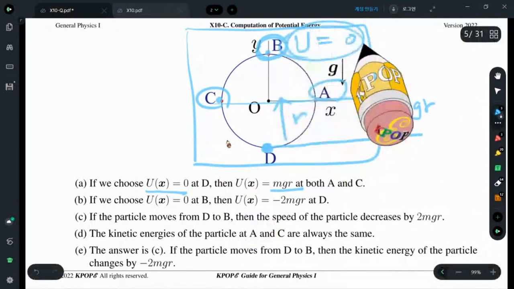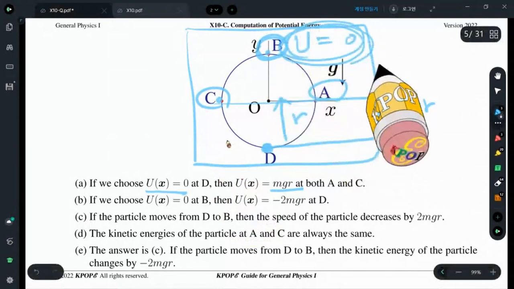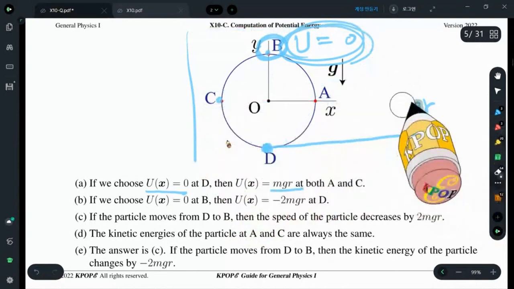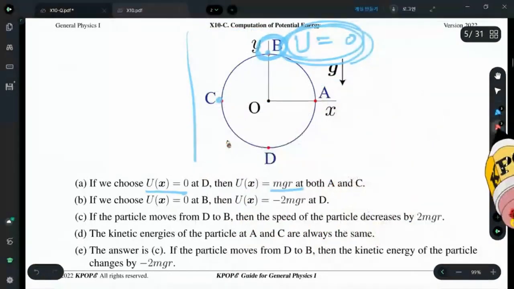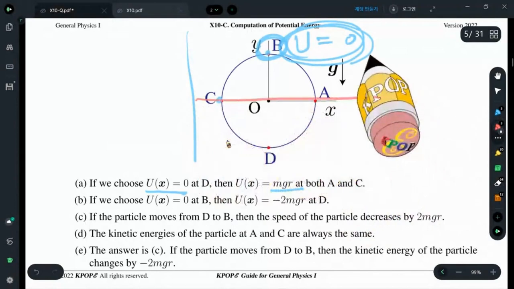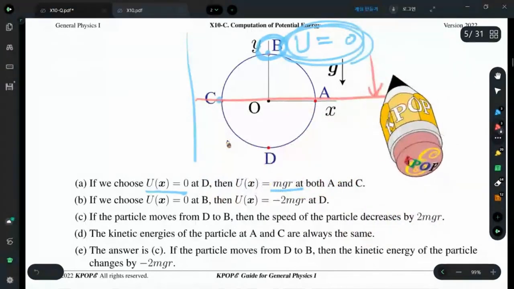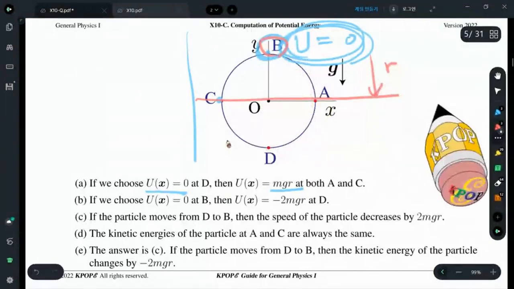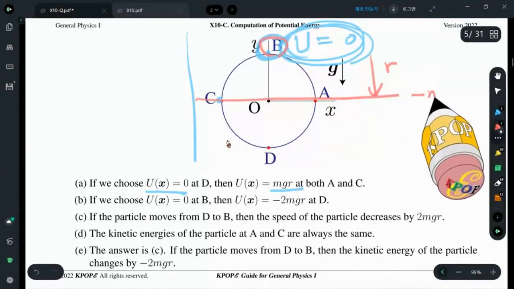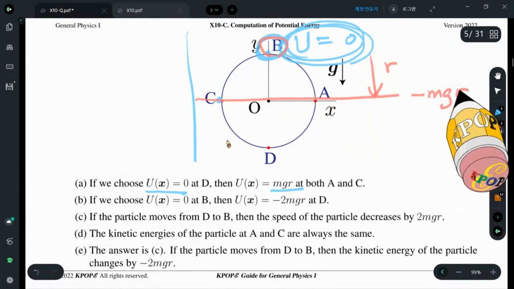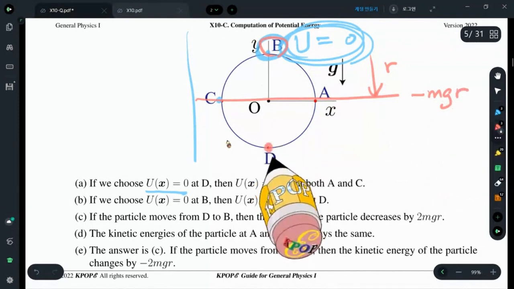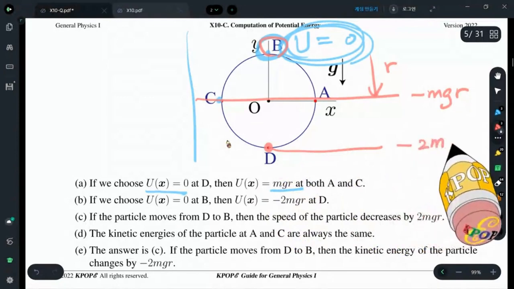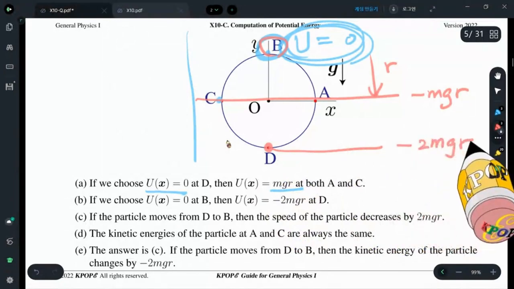So if we choose U to be 0 in here, then these points are below B by r. So we have minus mgr. And what about here, D and A? This is minus 2mgr, right?